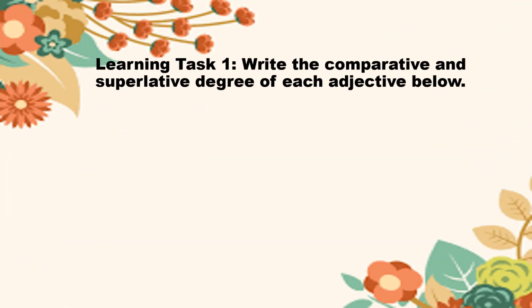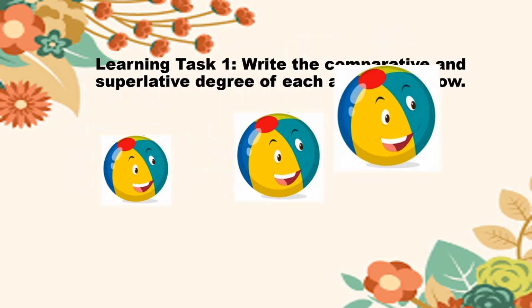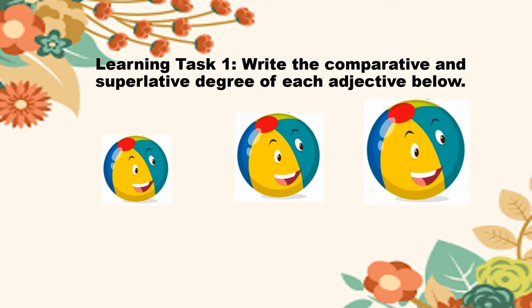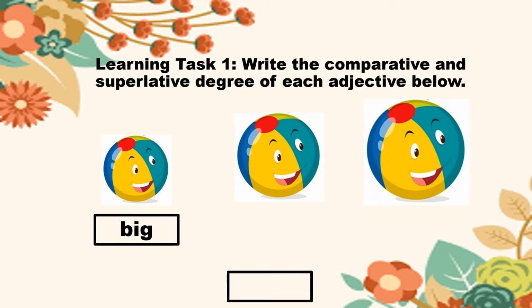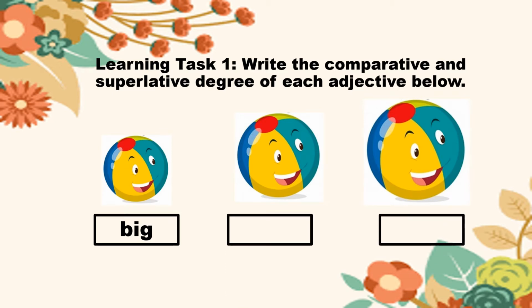Let's move on to our learning task 1. Write the comparative and superlative degree of the adjective below. Let's have this bouncing ball. We have the positive, which is big. Let's write the comparative and superlative.